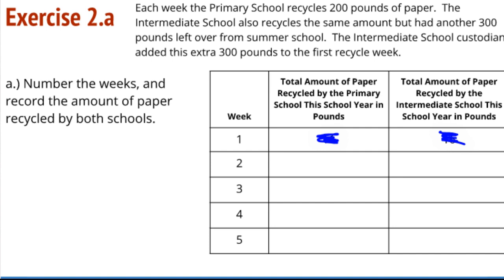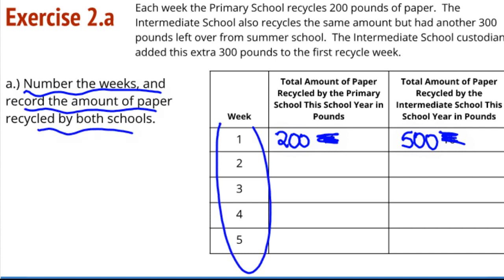Let's see, it says, each week the primary school recycles 200 pounds. The intermediate school also recycles 200 pounds every week, but they had another 300 pounds left over from summer, so their first week was a 500. Now it says number the weeks and record the amount of paper recycled by both schools. So I've got my weeks here, 1, 2, 3, 4, and 5.